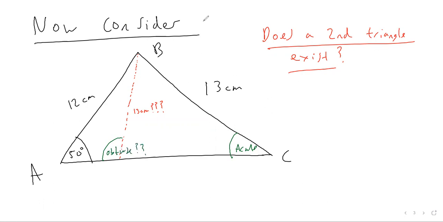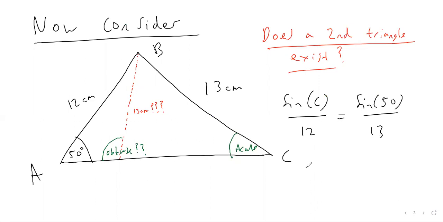So let's use the sine rule. Again, we want to find the angle. So sine of, I'll call it C, so sine of C divided by the opposite side, which is 12, is equal to sine of 50 divided by the opposite side, which is 13. We can multiply both sides by 12, so sine C equals 12 sine 50 divided by 13.